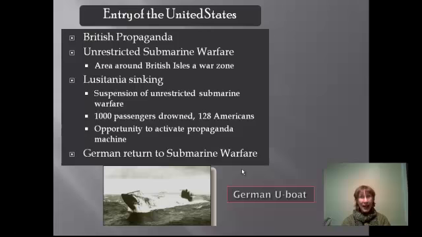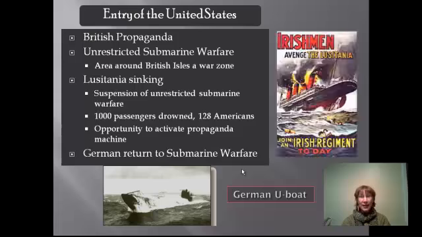The Lusitania actually was carrying weapons, so it was not just a passenger cruise ship, but it didn't matter because American people died, and when American passengers died, then it was a very good reason to enter the war, and that's how the United States entered the war.